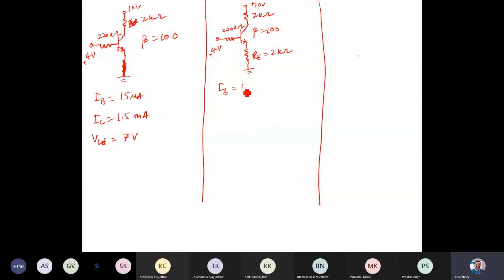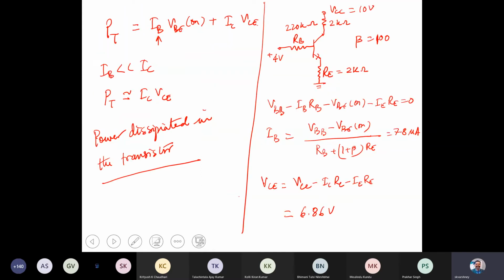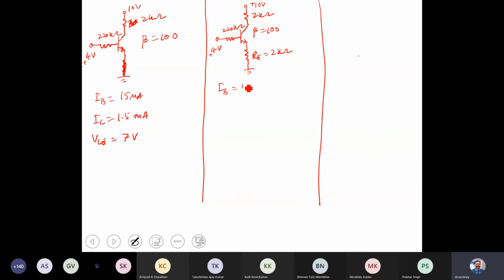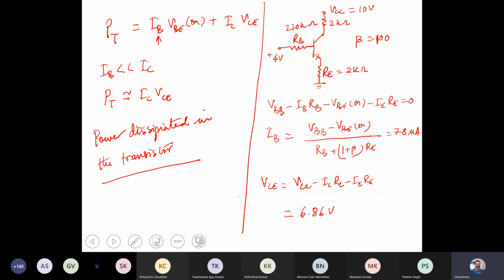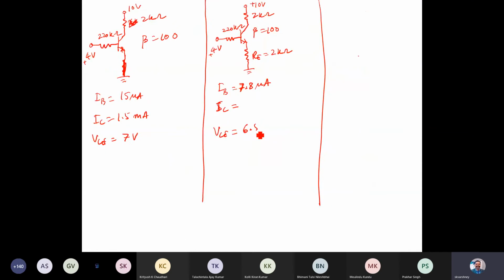IB, how much was it? 7 point something, said 7.8 microampere, and IC is beta into IB, so thus you can get it, and VCE is your 6.86 volt, right? So what do you see in the equations?